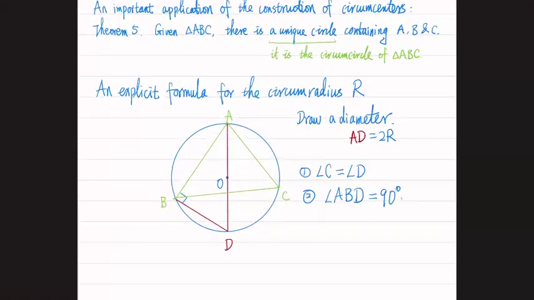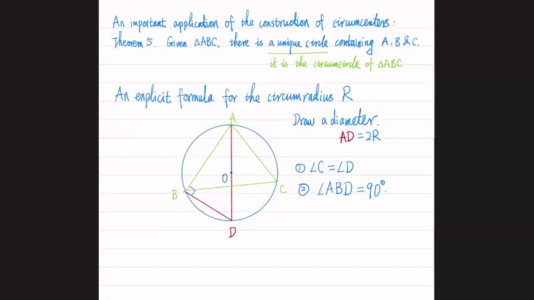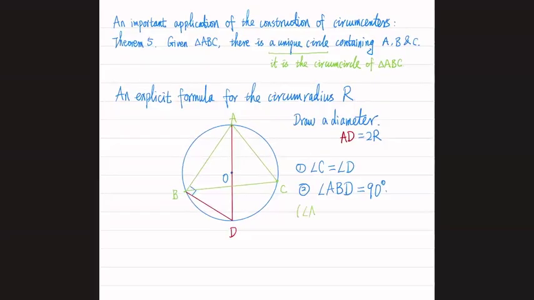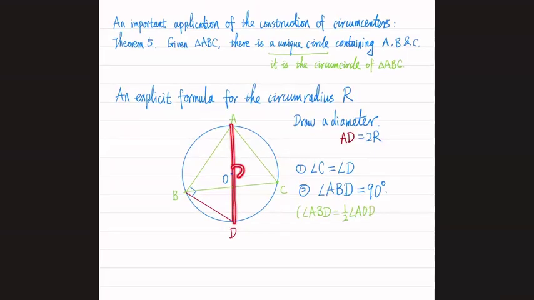Angle ABD is half of angle AOD. Because AD is the diameter, this is 180. Okay, that's the proof.